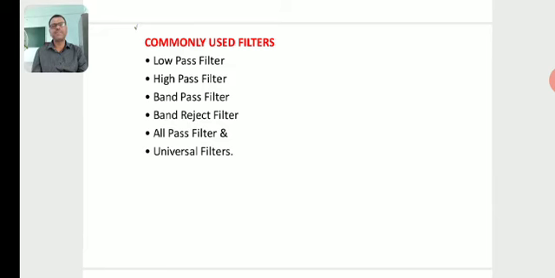Somewhere a low pass filter is used, somewhere a high pass filter is used. Then what is a low pass filter, what about a high pass filter, then a band pass filter. Similarly, we have different types of filters.